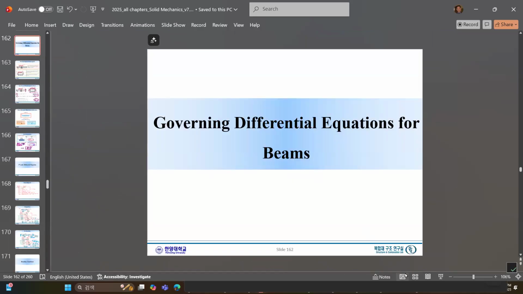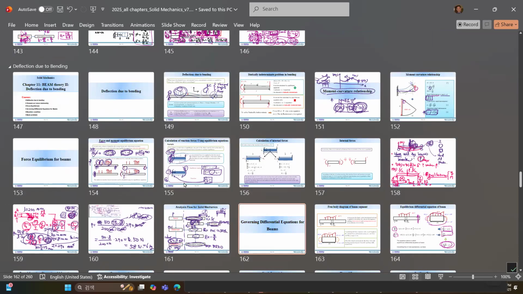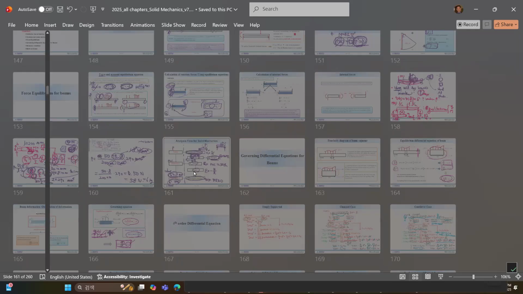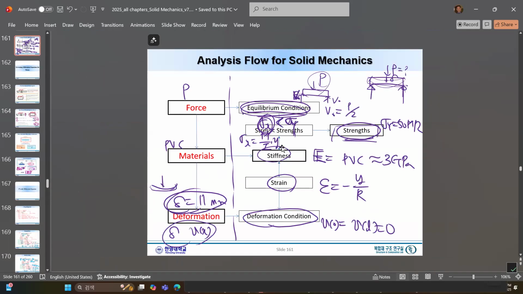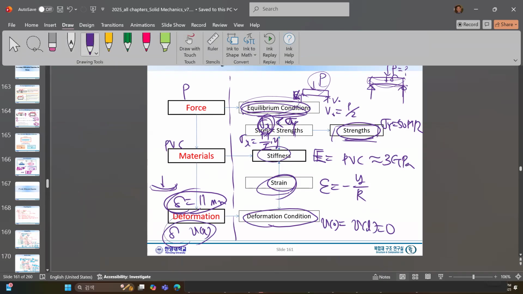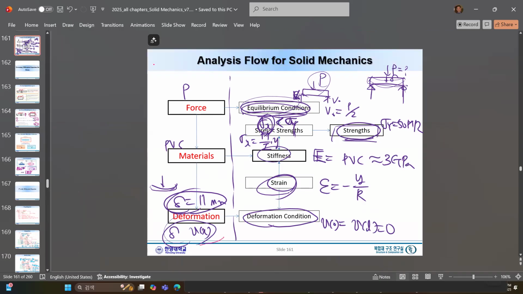So basically, what we like to do is, rather than considering equilibrium, rather than considering this strain and deflection separately, what if we combine everything? Just to combine everything, we hope to have one governing equation. So simply apply P, we get the delta.